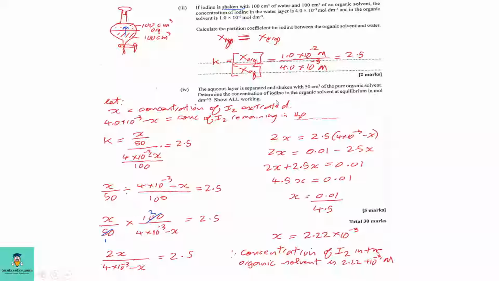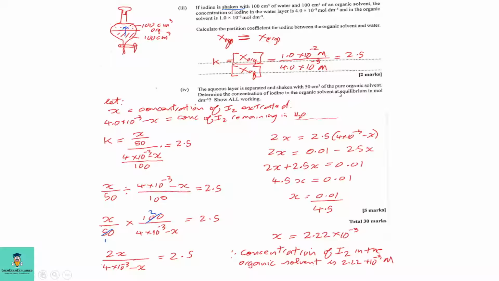So this time, they're asking us to use a fresh sample of the organic layer. We're going to shake to establish equilibrium and then leave to settle. Once that happens, we can find out the concentration that moved from the aqueous layer into the organic layer.